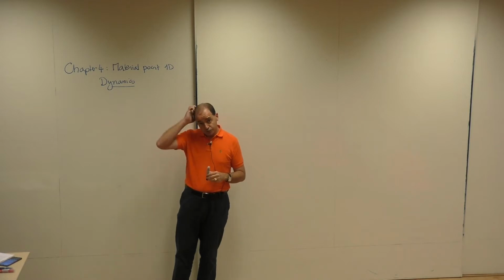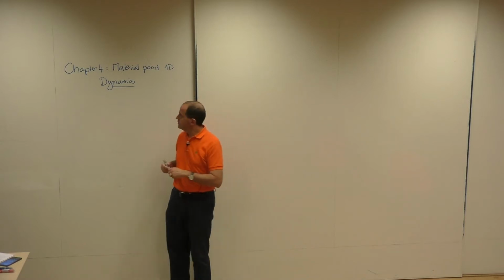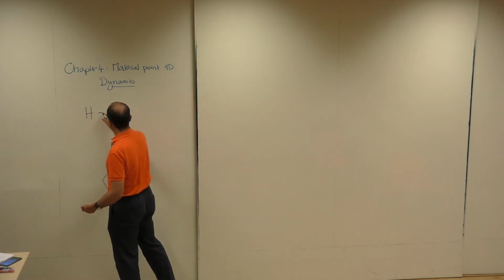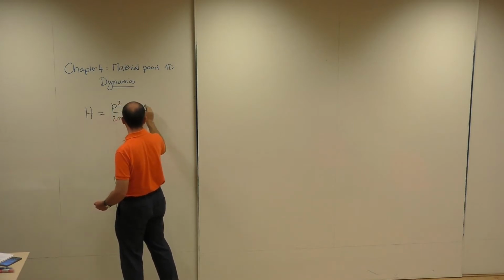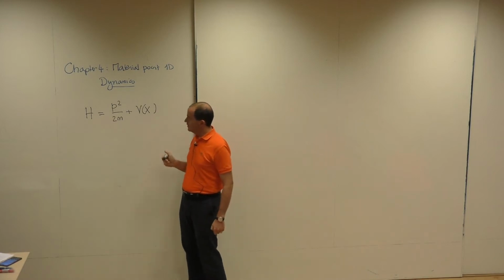Now, we know from classical mechanics how the conjugate variables x and p enter the Hamiltonian for a material point. In one dimension, the Hamiltonian would be simply kinetic energy plus potential energy. And that's how the Hamiltonian will look.